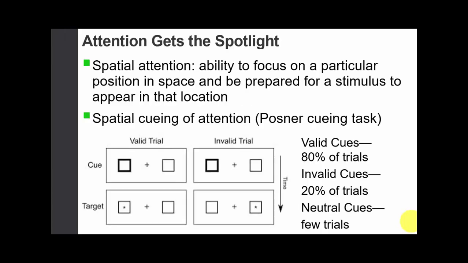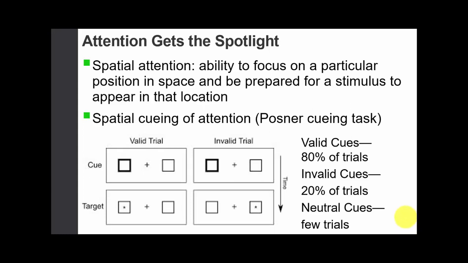So you can basically move your attention around in space. But the other thing we can do with attention is make it either really wide or really narrow, much like you can change the size of a spotlight or how much area it is lighting. Keep that in mind as we talk about the Posner Cueing task.